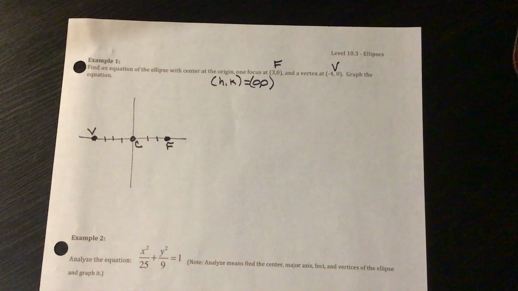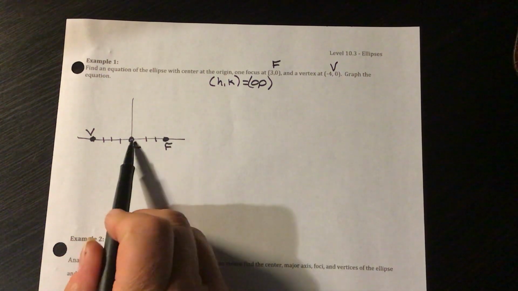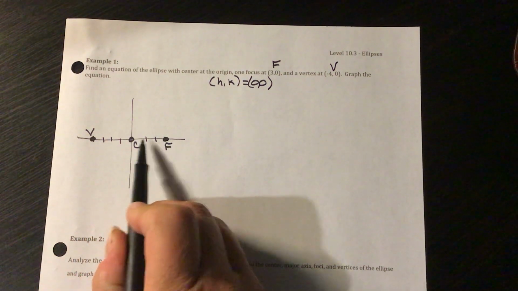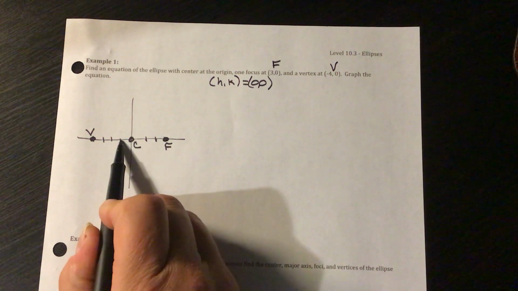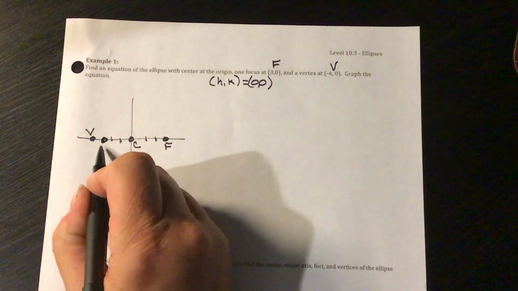One thing about the foci and the vertices is that they are the same distance away from the center. So if I have one focus that is 3 units to the right, the other one is going to be 3 units to the left.